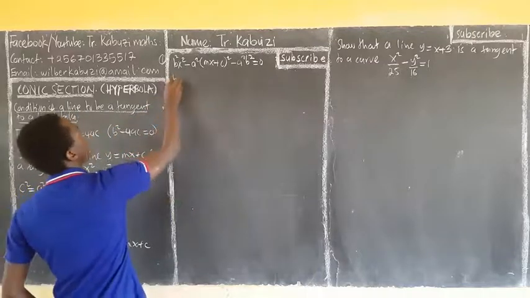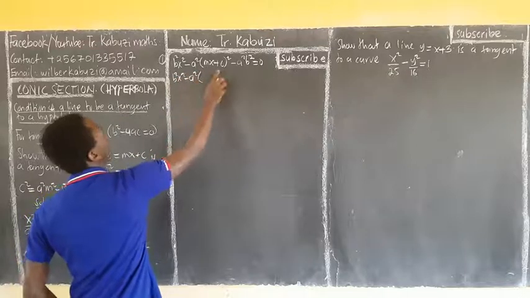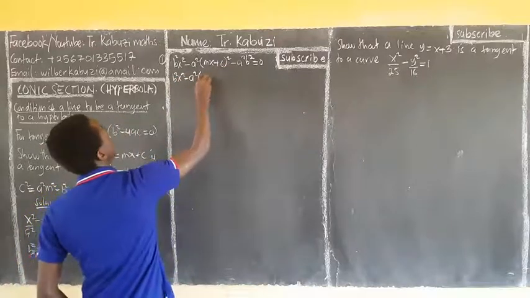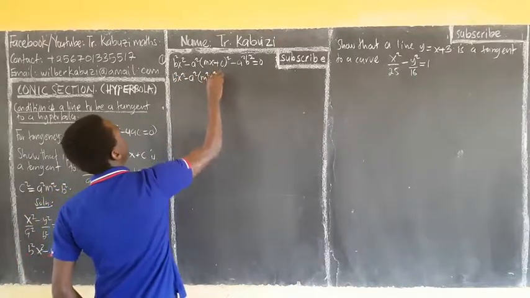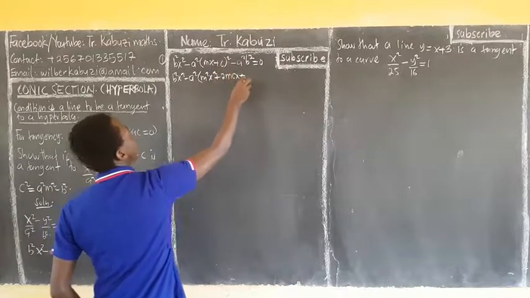So we have b squared x squared, and minus. When I expand this, then plus.